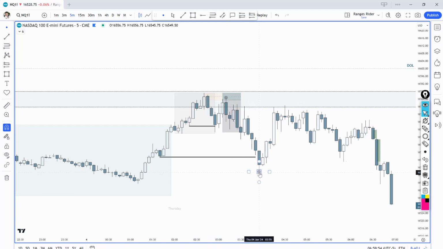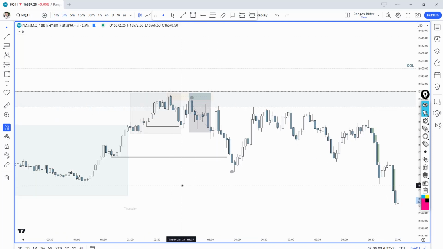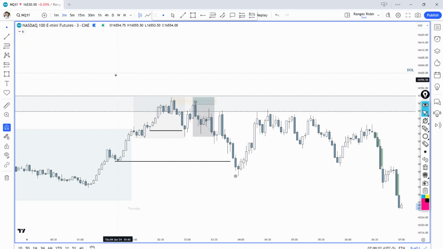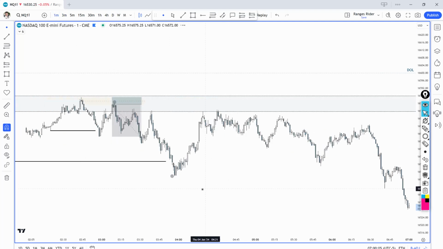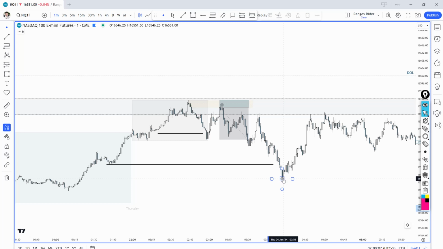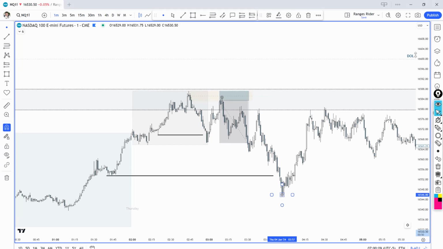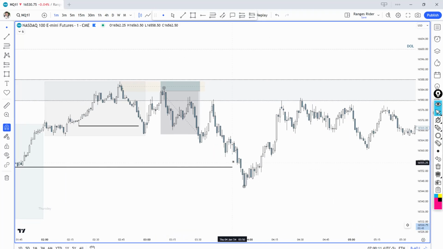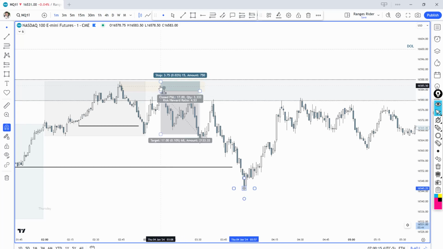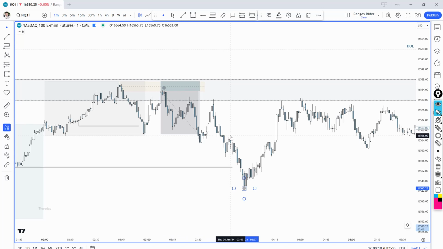So from here to here, I'm going to sell. So I have the QM here and this is my protected high. And this everything is what? The liquidity, because that is my protected high.